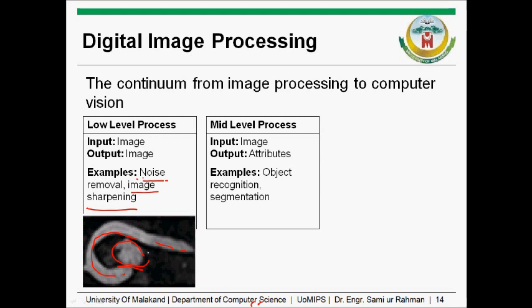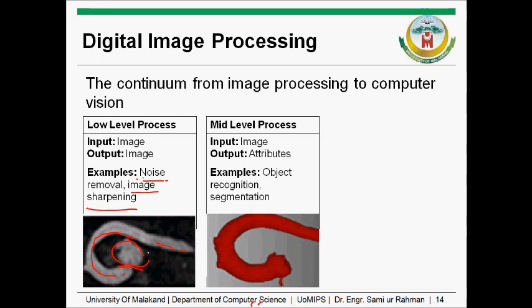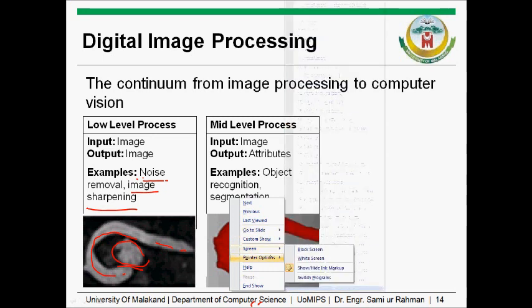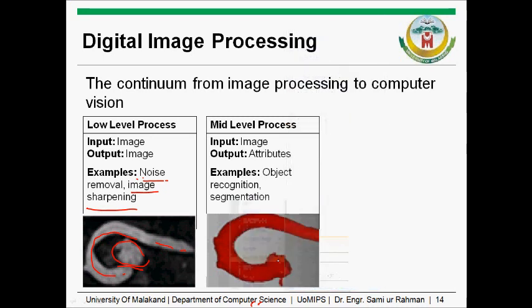For example, on the left side I have an image, and on the right side I have removed the background and kept the original objects like the artery. In this image there is only this artery and there is no heart area.